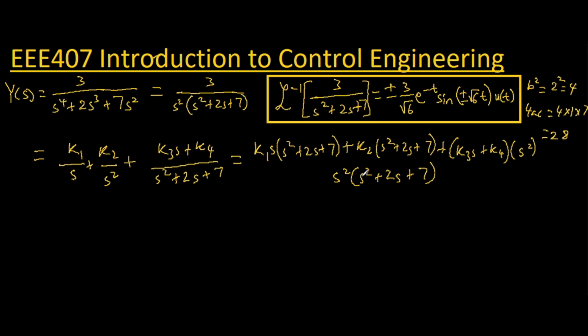I believe you know how I arrived at that. I don't think I need to walk through the mathematics of this simple algebra. So based on this, we can now equate the numerators. So that means that 3 is equal to, and what I want to do at this point is not just expand this, but also collect the like terms.